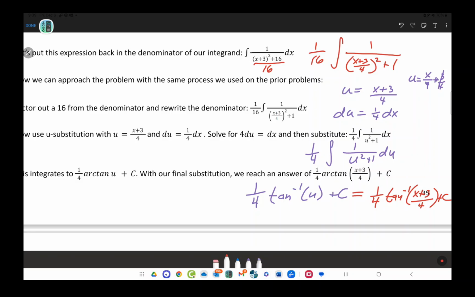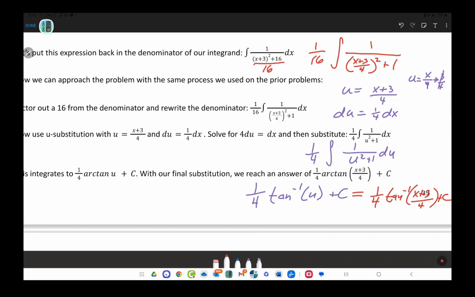Okay, so when you did the 1/4 dx, you divided the 1/16 by 1? And you multiplied it? Well, you multiply by 4. Well, 4 times 1/16 is 1/4.